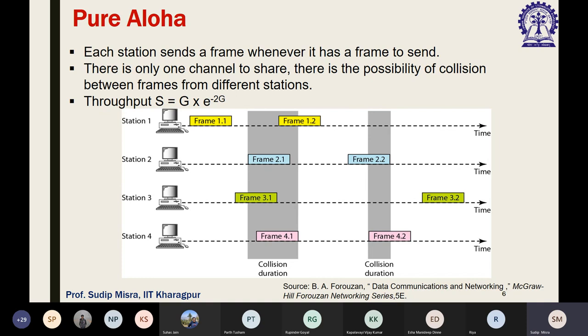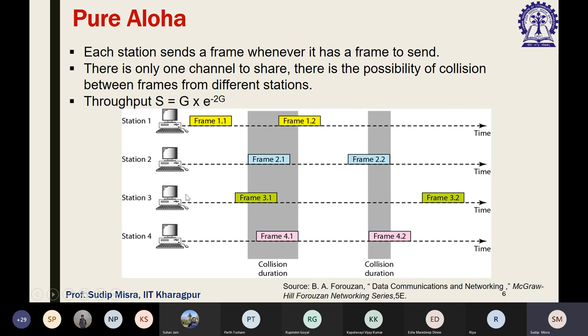Now this collision can happen, as we have seen, not just with two devices, but with multiple devices trying to share at the same time. The most logical way to handle collision is this: either the frame has been damaged or the acknowledgement is damaged, because of which the sender, one of these stations like station 1, station 2, etc., doesn't receive the acknowledgement back.